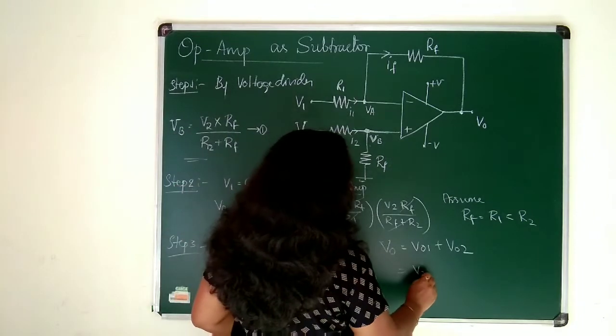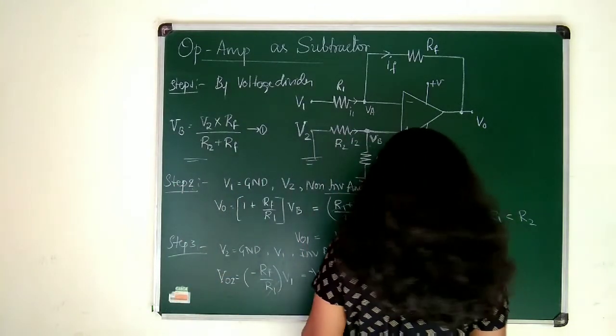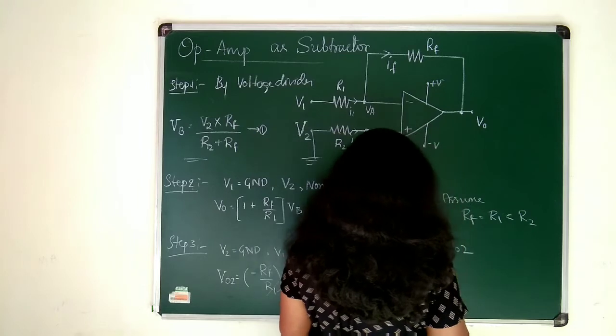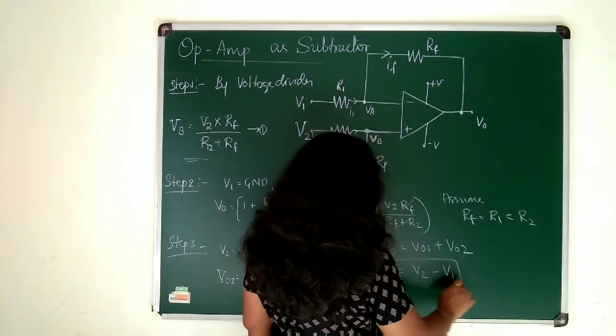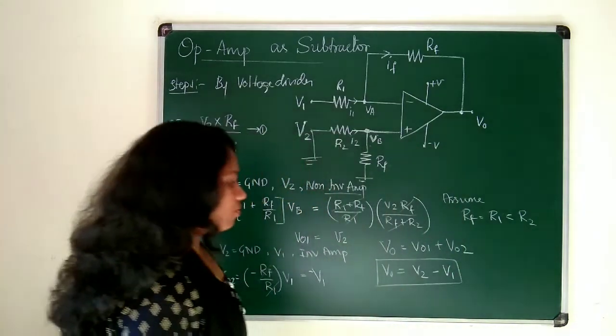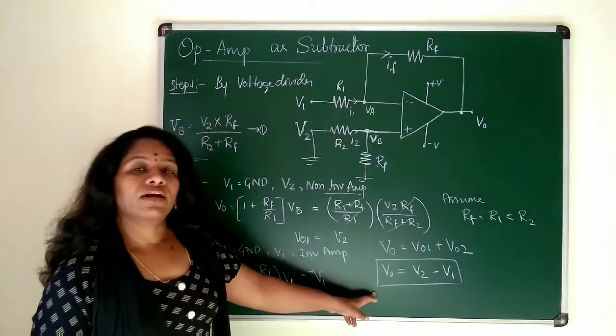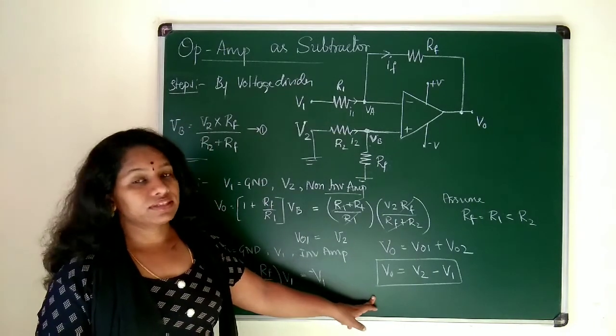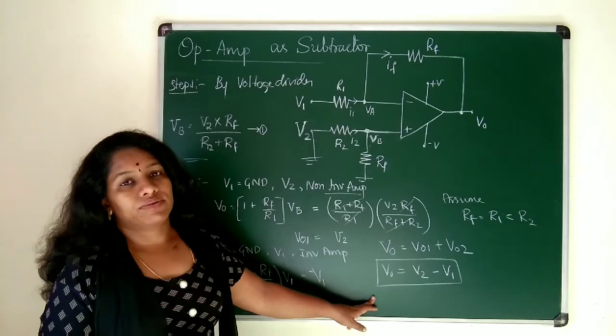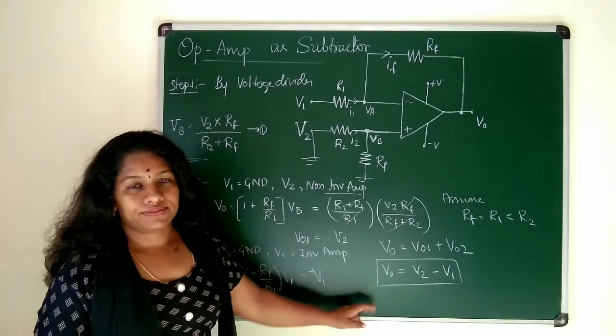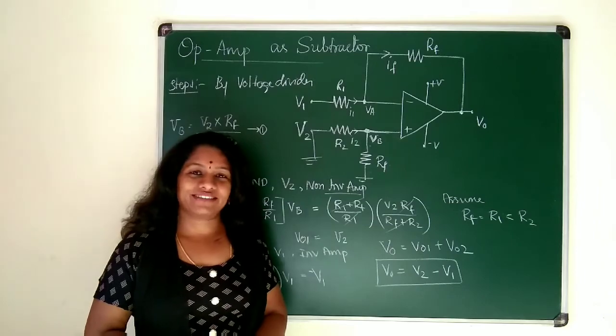And what is your VO2? That is minus V1. Okay, so V0 will be equal to V2 minus V1. So this shows that you have got an output voltage which is the subtracted value of V2 and V1. That's all for the subtractor circuit.